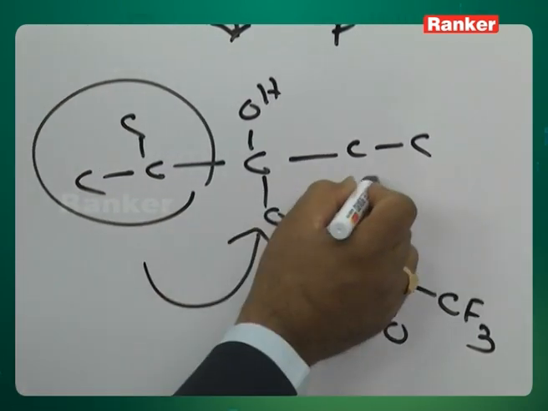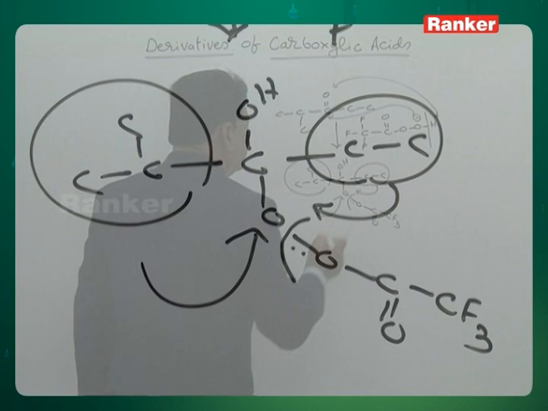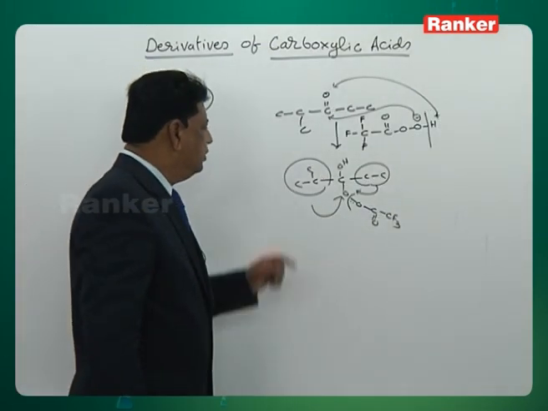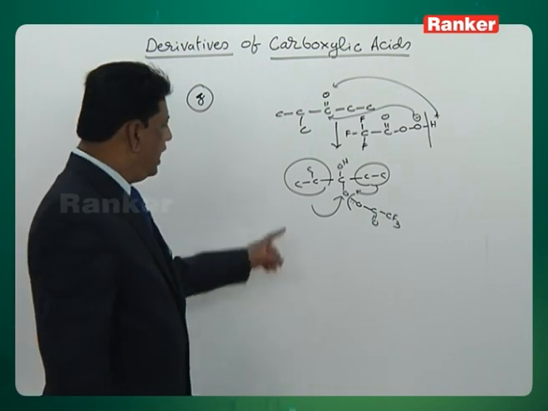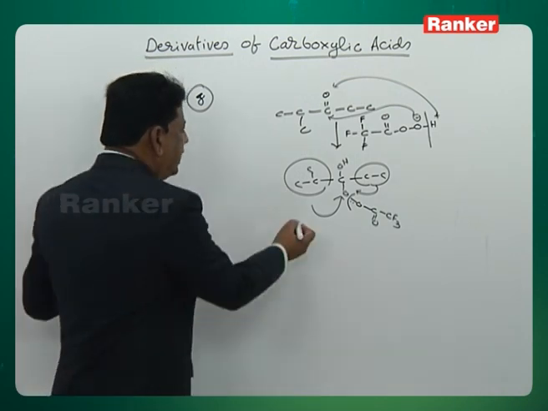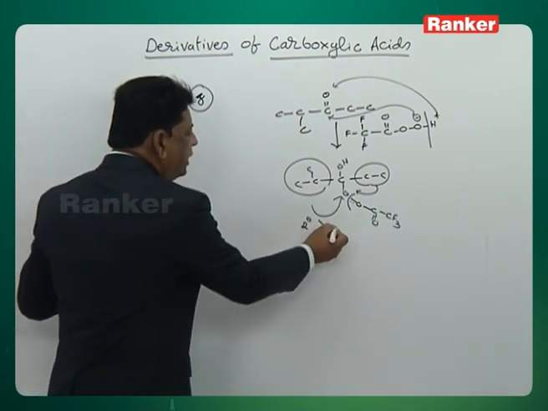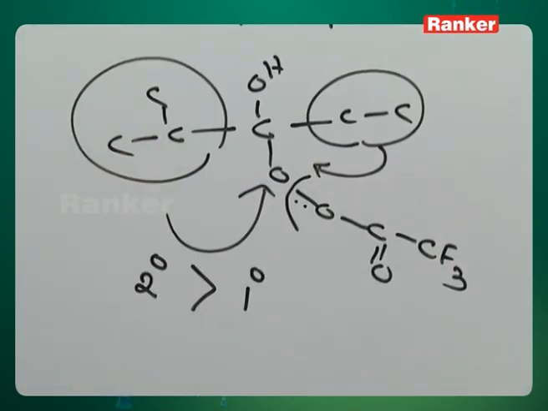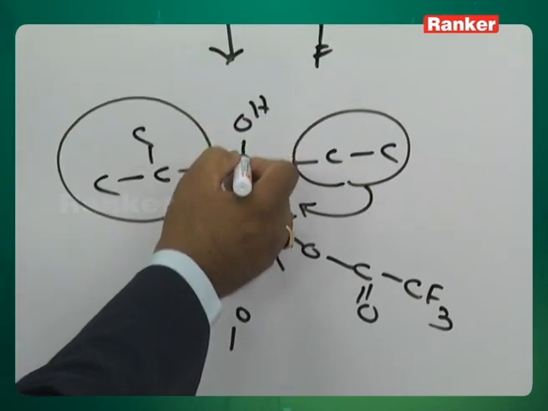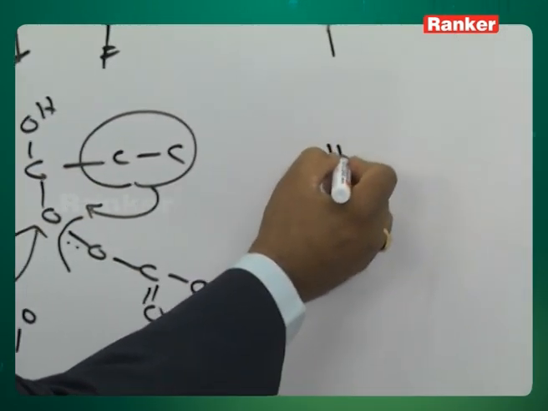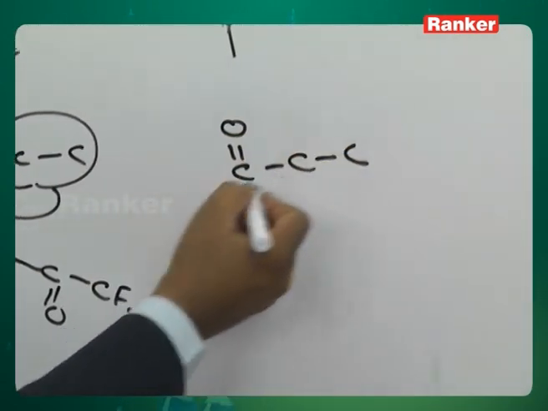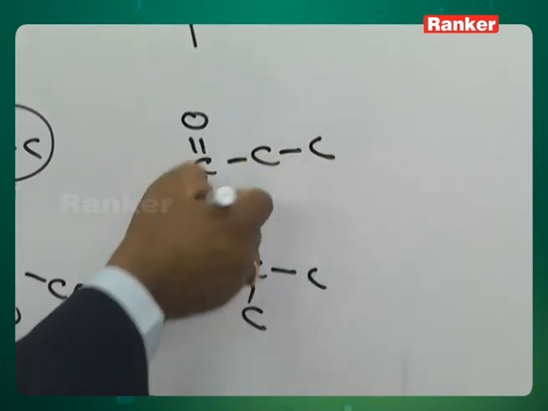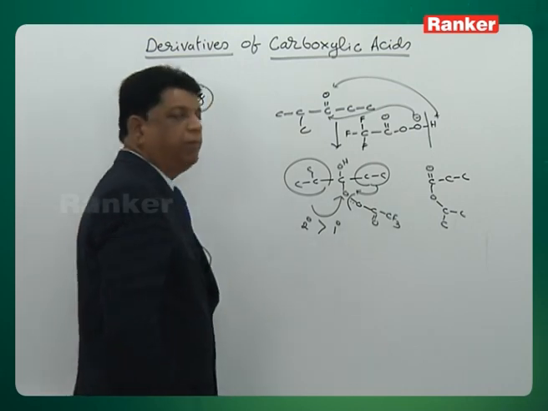Which group migrates? Out of the 2 groups, both have the same chance, but according to the migration aptitude, isopropyl, the secondary group, is a better migrating group than the primary one. Therefore, isopropyl goes onto the oxygen, and later this hydroxyl is converted into the ketone. So you get an ester with one side ethyl and one side O-isopropyl. This is nothing but isopropyl propanoate.